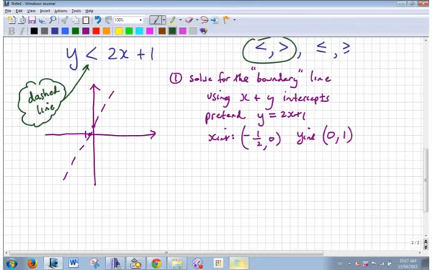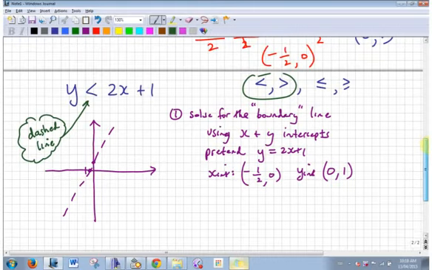If it says greater than, you just dash it. I'll say it again. Because this line isn't a solution. The points on this line don't satisfy this equation. It's not equal. If it's equal, I'll make it a solid line.